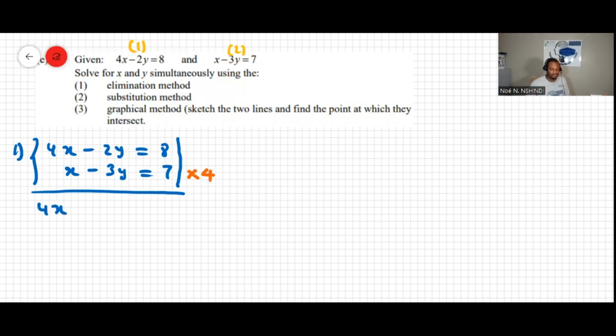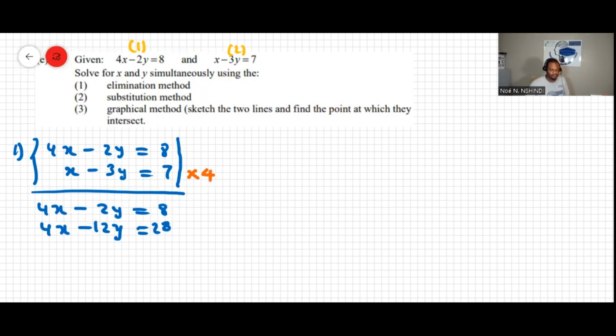So that's going to be 4x minus 2y equals 8, that's equation 1. And equation 2 will become 4x minus 12y equals 28.